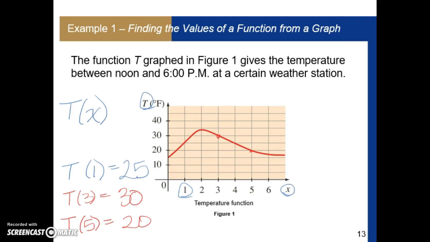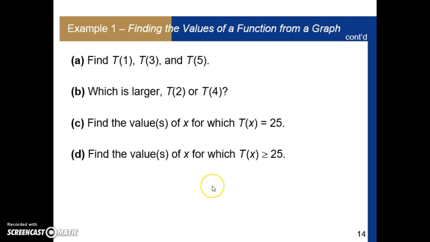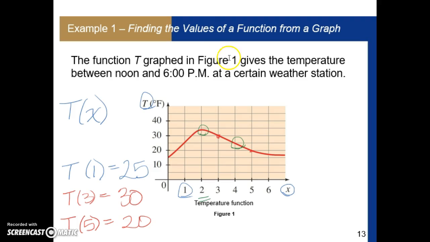Which is larger, t of 2 or t of 4? Well, here's t of 2. That's the output value. There's t of 4. So t of 2 gives us the larger value. Find the values of x for which t of x equals 25. Well, here's 25 right here, this line. So there's 25.